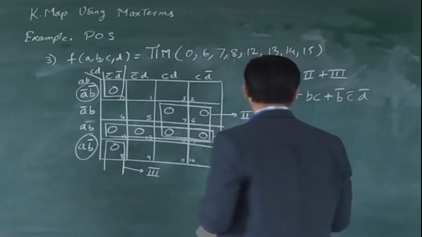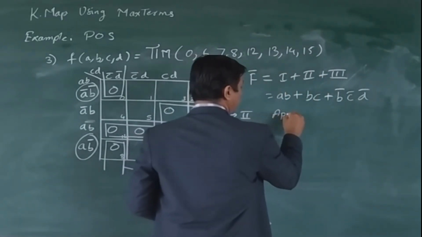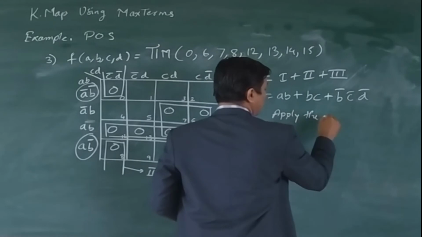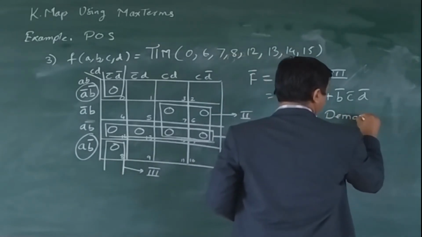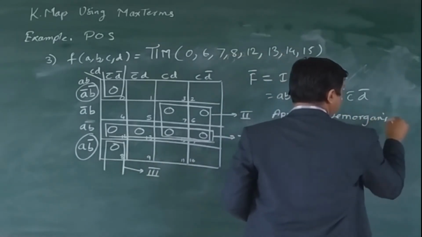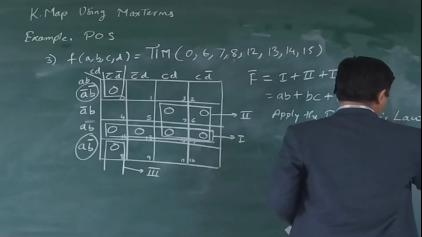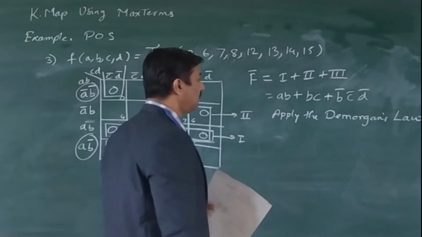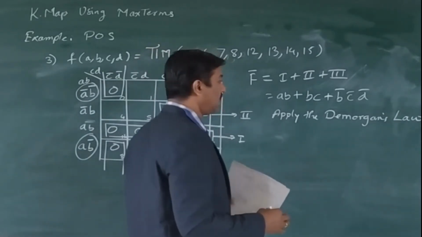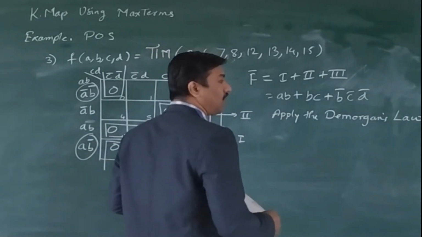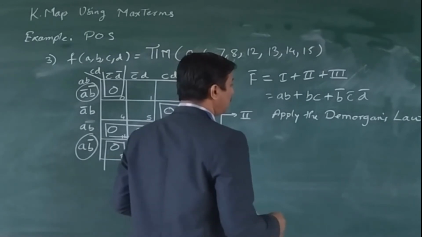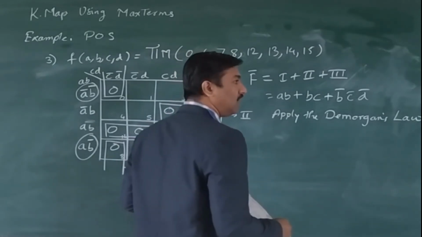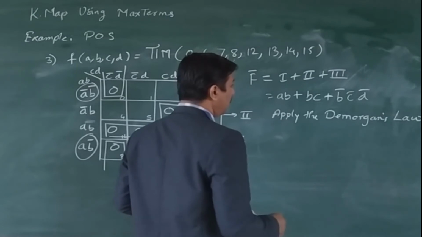Now applying De Morgan's law: the complement of a sum is equal to the product of individual complements. This is the first law, and the second law says that the complement of a product is equal to the sum of individual complements.